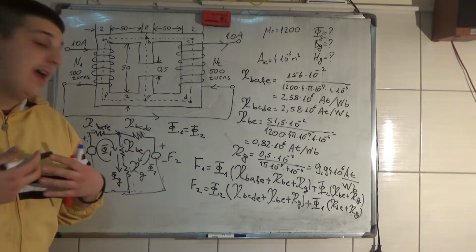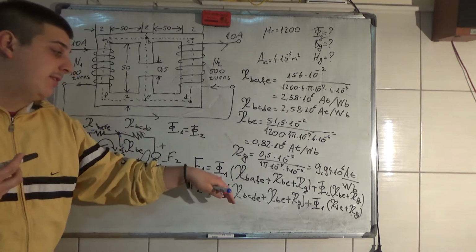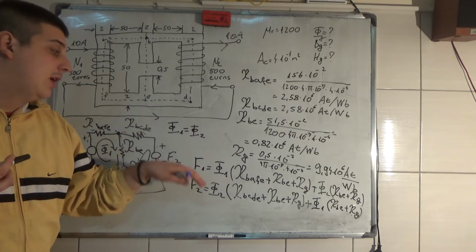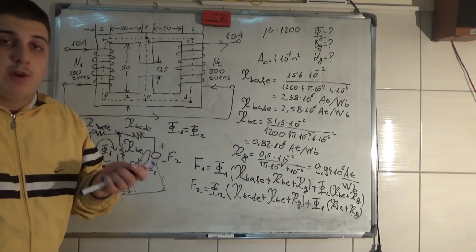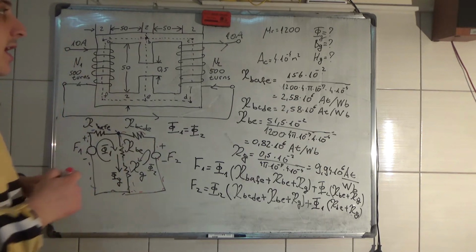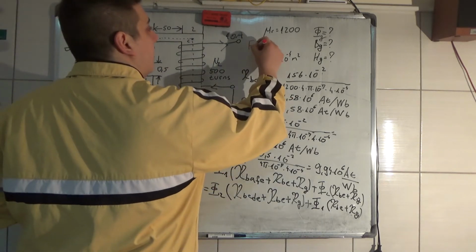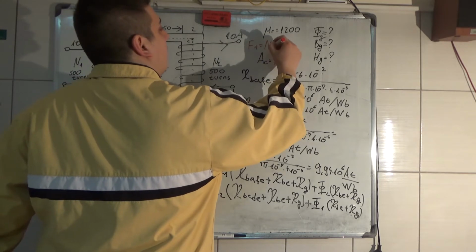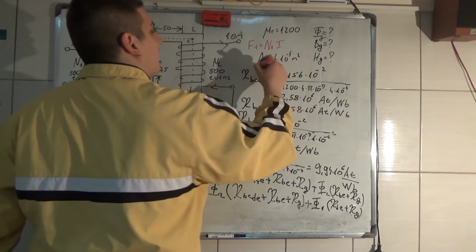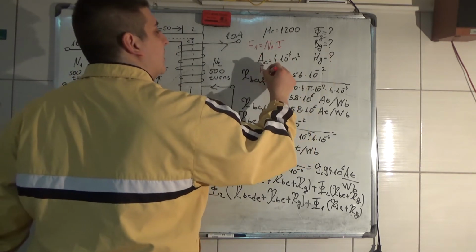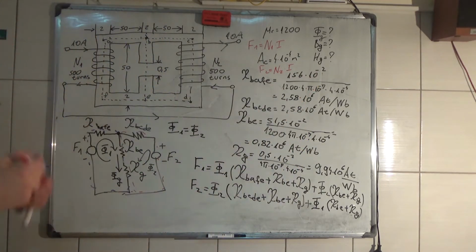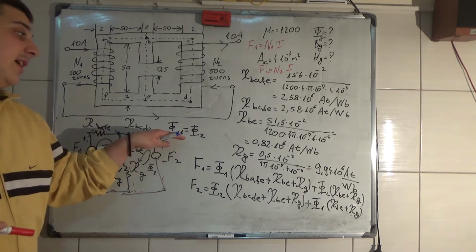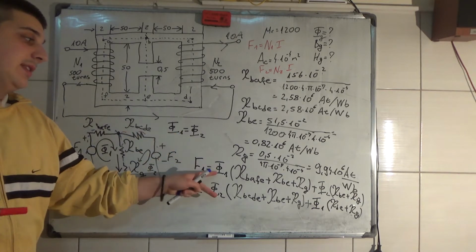We have everything here except flux 1 and flux 2. We can easily calculate that. F1 is equal to N1 times I, F2 is equal to N2 times I. They are the same. You know that flux 1 and flux 2 are the same value.